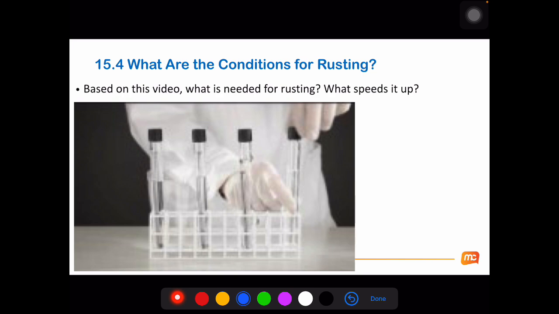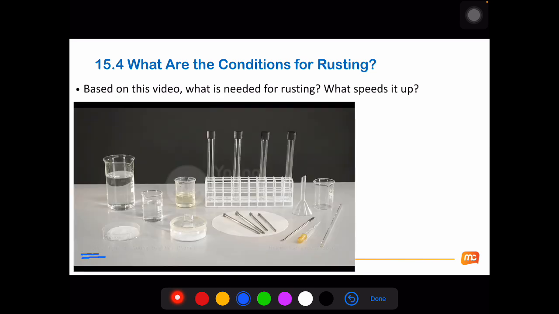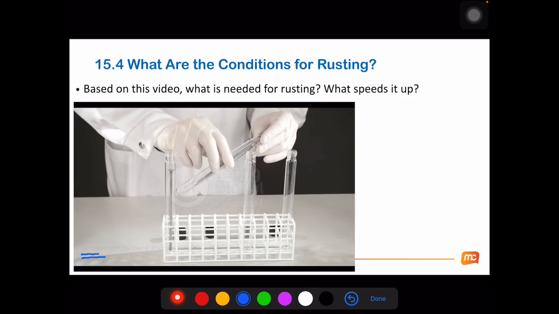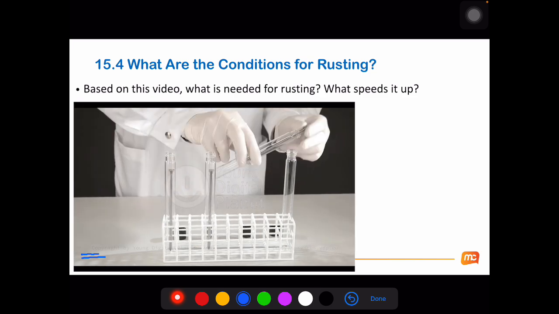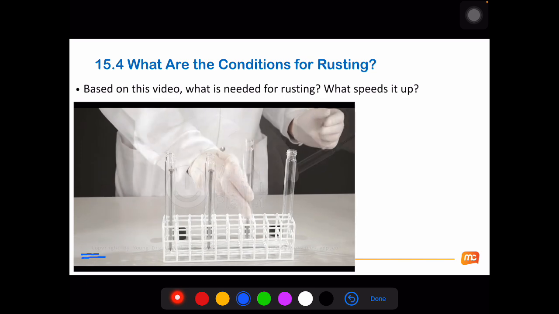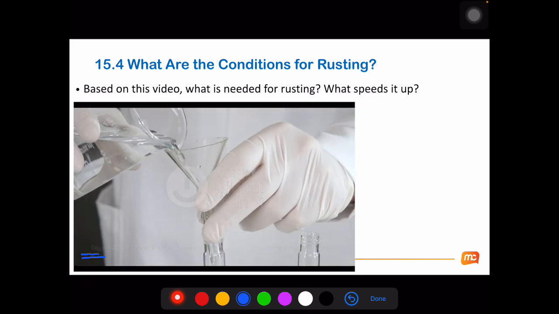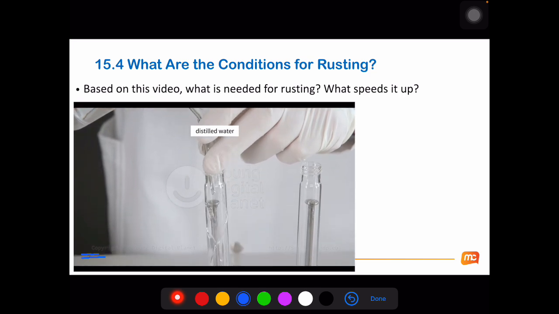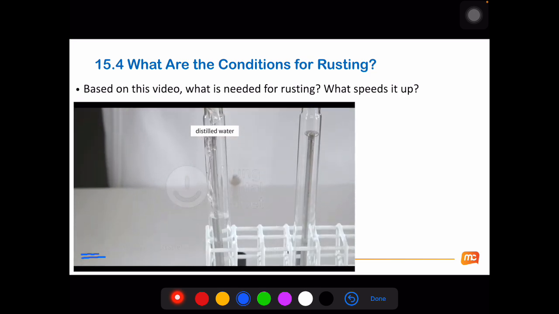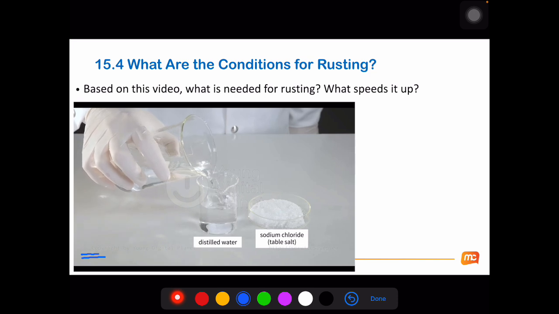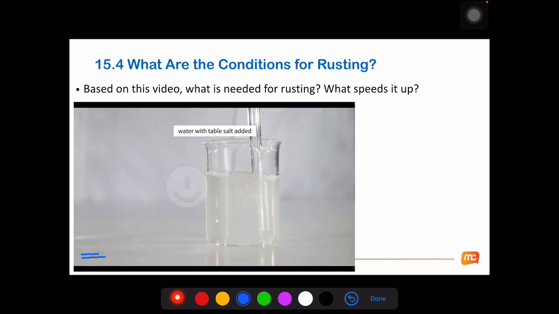What is needed for rusting, and what speeds up the rusting process? We place nails in 4 test tubes. We add a little distilled water to the first test tube. We pour the water with some table salt into the second test tube.